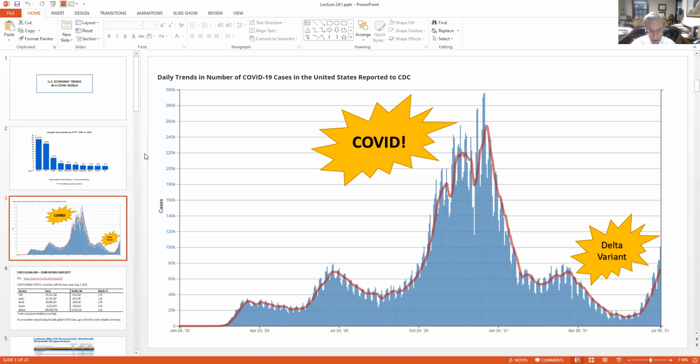But COVID is so severe there that the audiences had to be denied access.